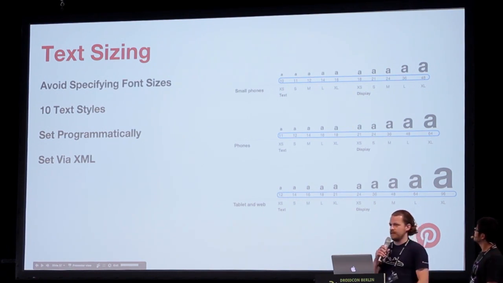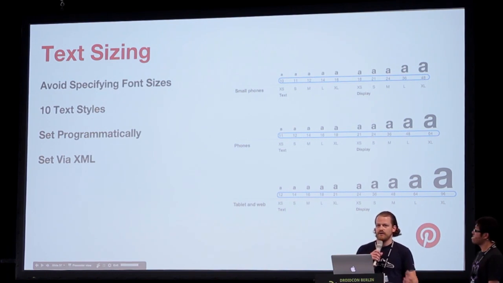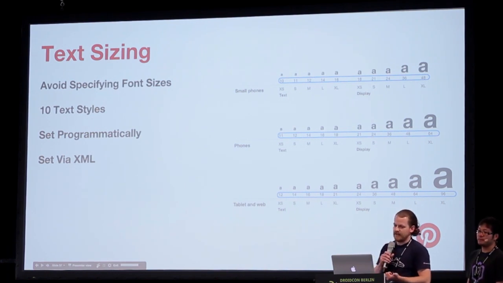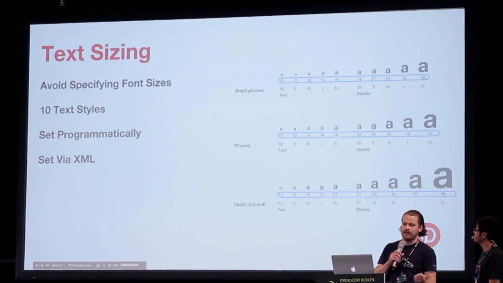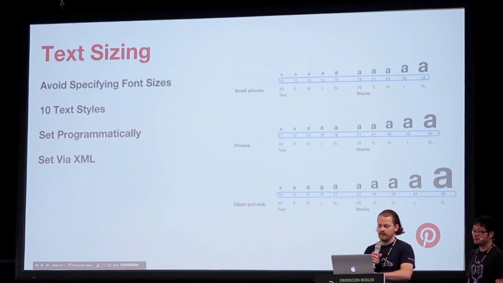So instead of specifying the font sizes directly, we go and define 10 text styles, text and display, and then extra small to extra large. So those are the only 10 that will ever be in your design or should ever be specified on your text view. And obviously, we want to set this both programmatically, but in XML as well.